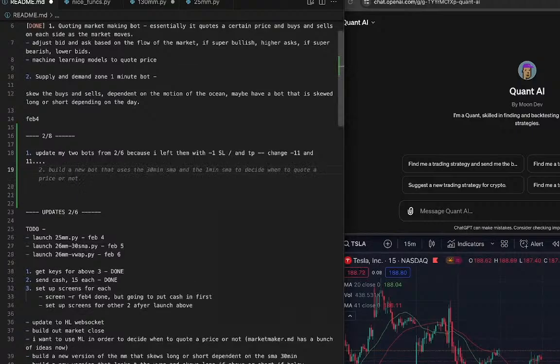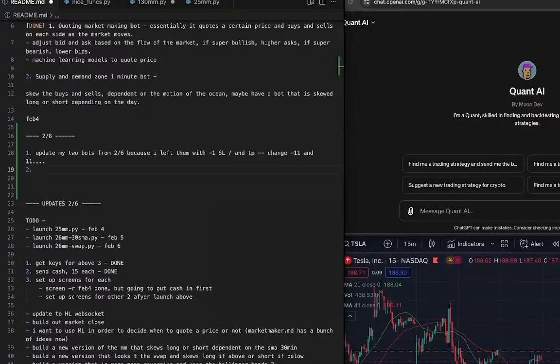I want to get a good list here, so I'm gonna do that first. I have some good ideas on here. I want to use machine learning to identify when quote prices.